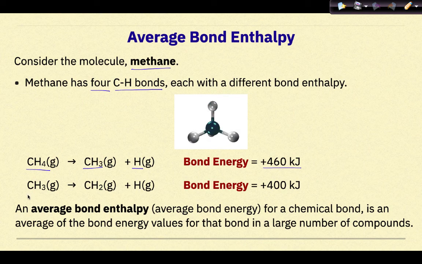If we take that CH3 and we remove another hydrogen atom, with a resulting CH2, that has a different bond energy associated with it. So an average bond enthalpy, or an average bond energy for a chemical bond, is an average of the bond energy values for that bond in a large number of compounds, which is really good for us when we have to start doing these calculations in the future.